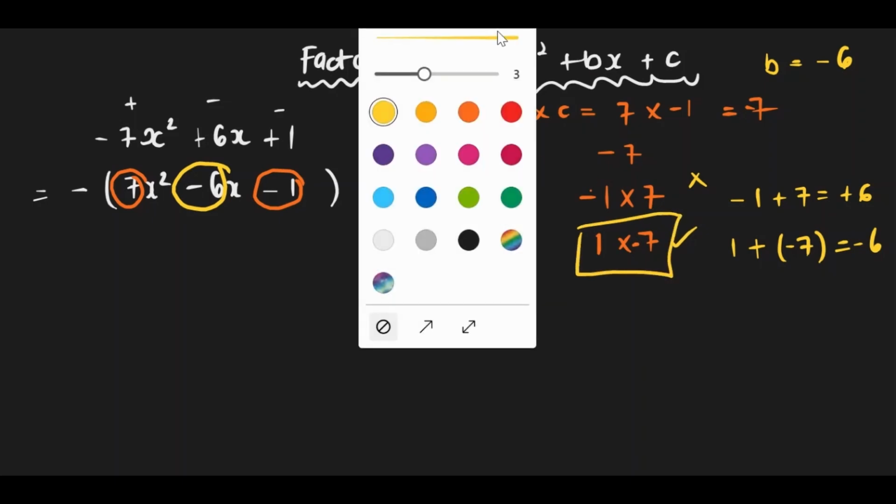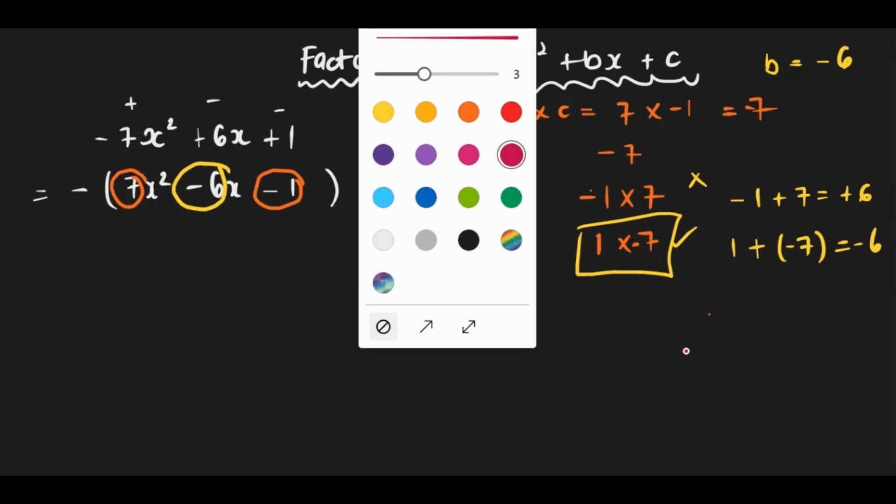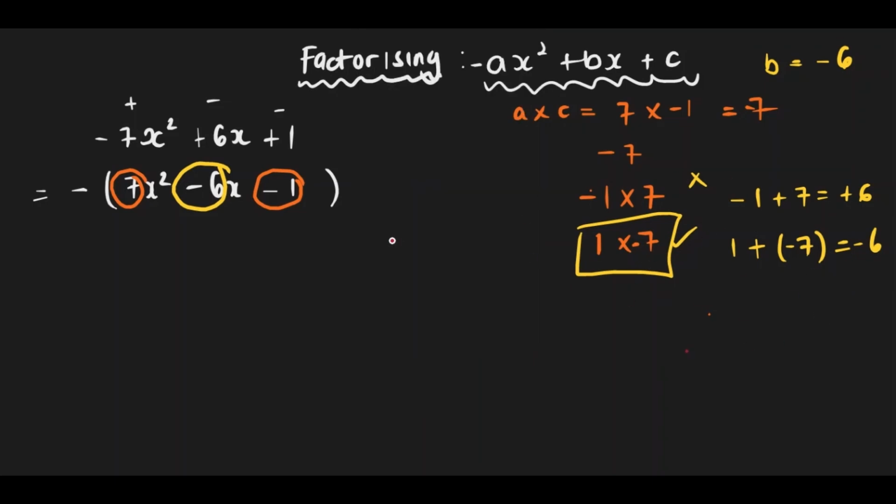But with this we are not done. We need to take the factors and divide them by the coefficient of x squared, which is a.